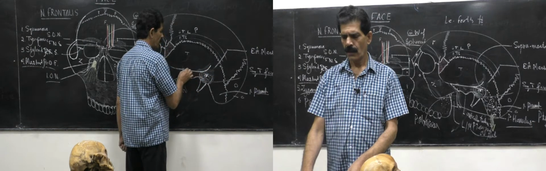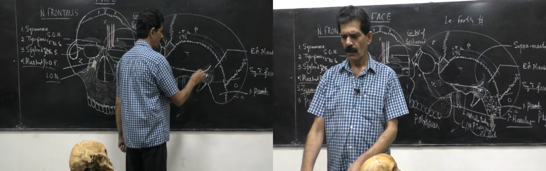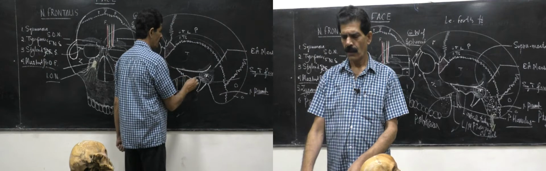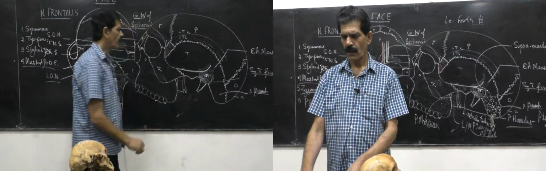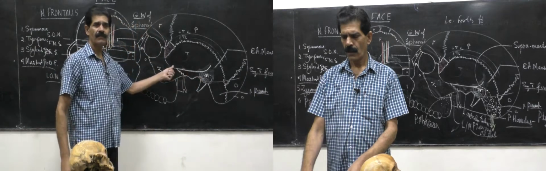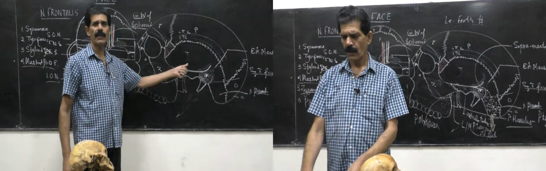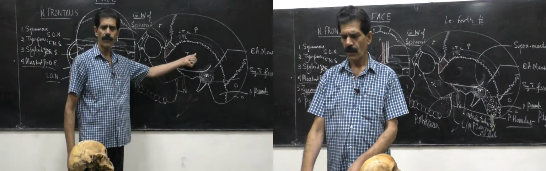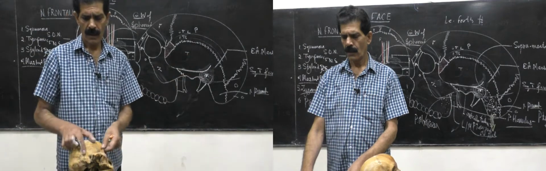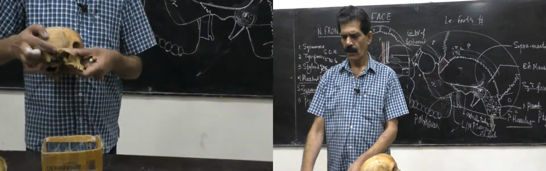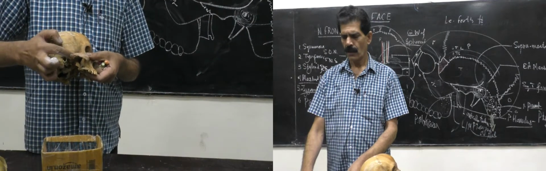the fifth part of the temporal bone goes anteriorly and articulates with the zygomatic bone to form the zygomatic arch. So the zygomatic arch is formed by both the zygomatic bone as well as the temporal bone. From the temporal bone, a projection goes anteriorly and convexly.